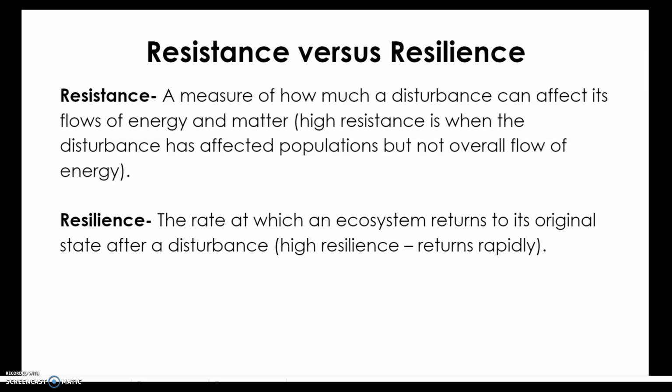Resistance is basically, think about how it is affecting its overall energy flow, okay? So it could affect a lot, certain issues in certain parts of it, but not the entire ecosystem as a whole. Resilience is whether or not an ecosystem can bounce back to its original state.